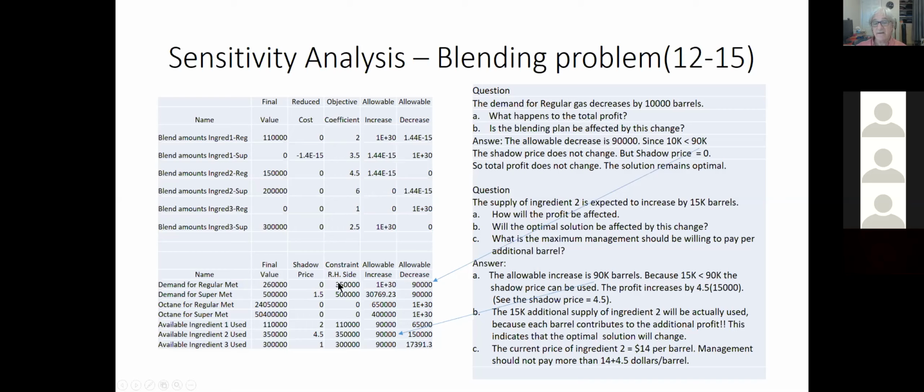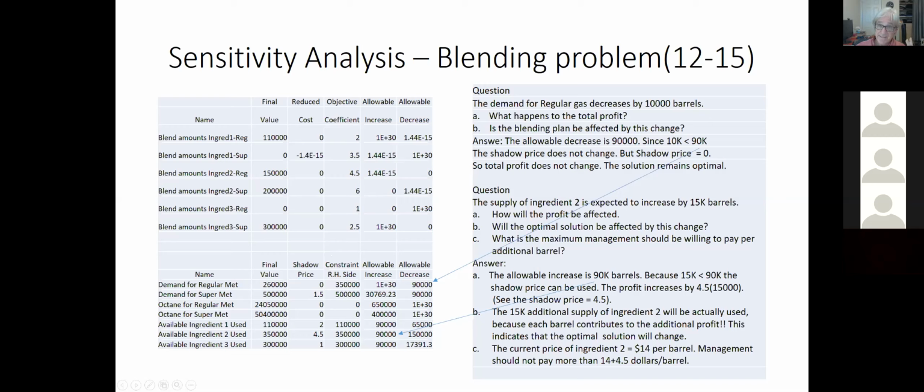Once you have a slack, the shadow price immediately will be zero. If so, once the constraint is either increasing by unit or decreasing by unit, as long as it's falling inside the range, the optimal solution will not change and the objective function also will not change. This is happening when the constraint is non-binding.